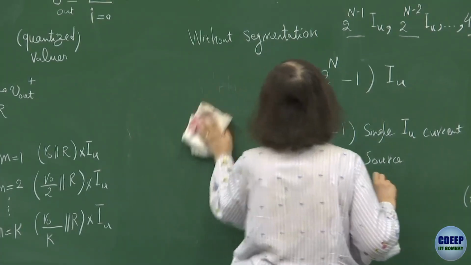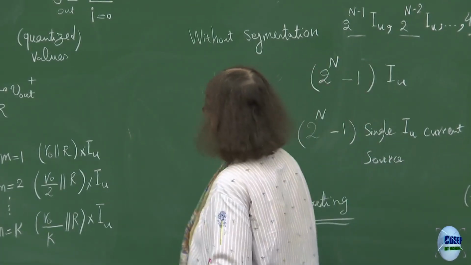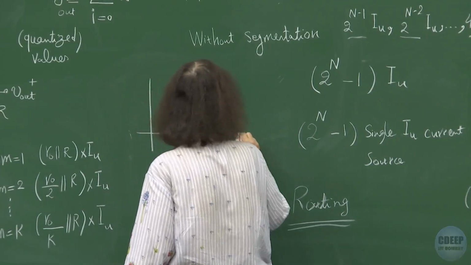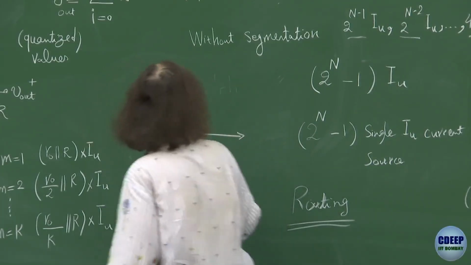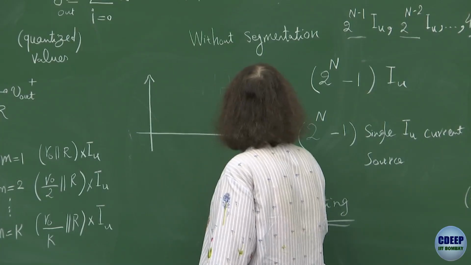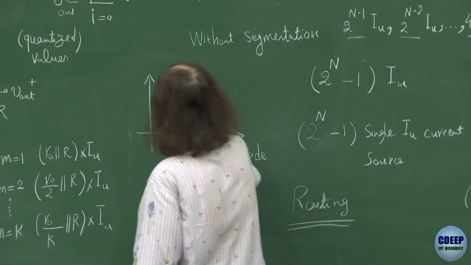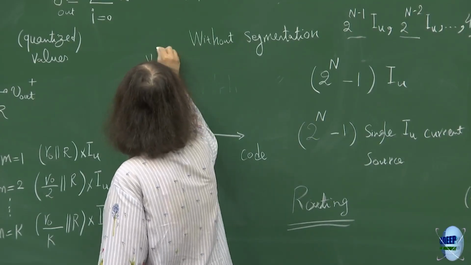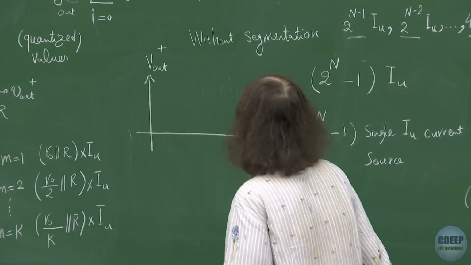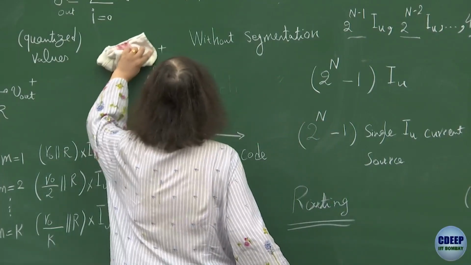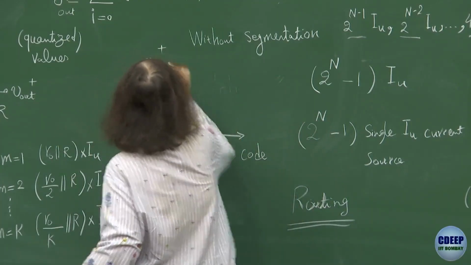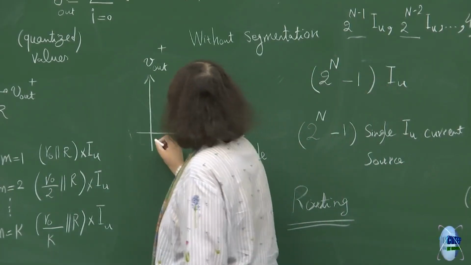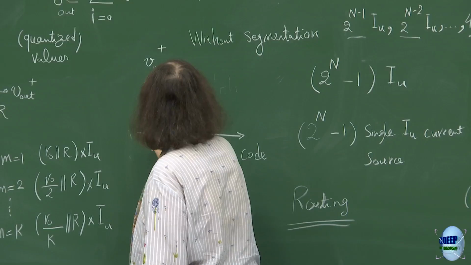Now first I will draw the single-ended case, then I go with differential. Suppose I want to draw the characteristics of the DAC. Here is the code, and here is V out plus. I just show the single-ended right now. This is only small signal, and codes are in decimal.